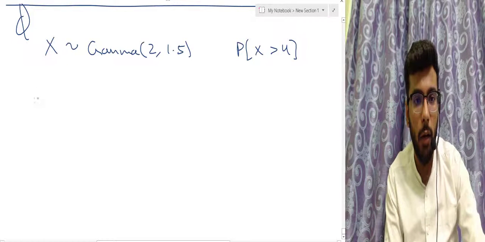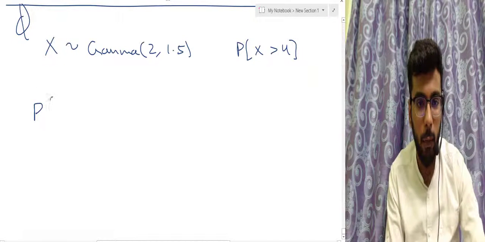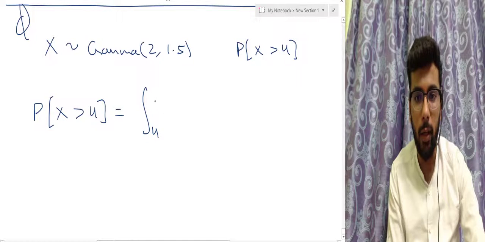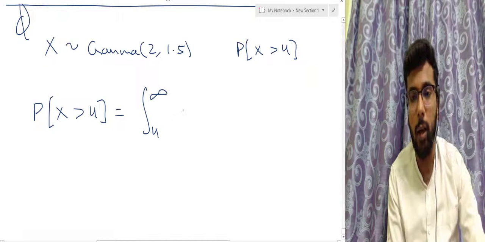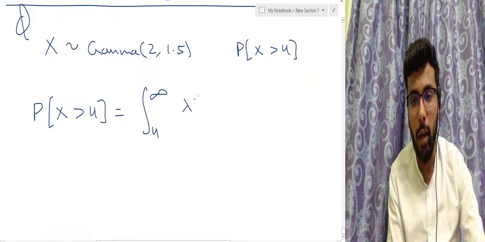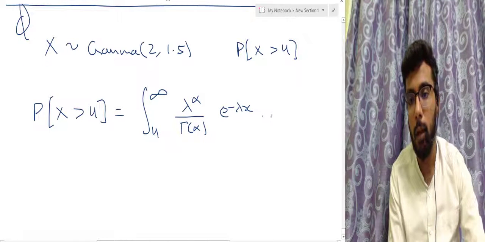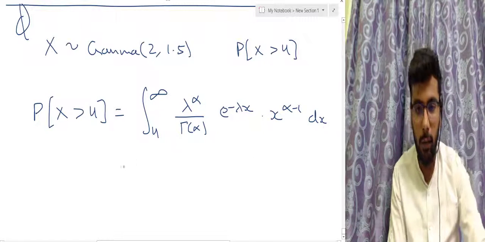Now let's get into the calculation of the probability that x is greater than 4. How do I calculate that? Greater than 4 means integrating from 4 to infinity. What is the PDF? Lambda to the power of alpha upon gamma alpha, e to the power of minus lambda x, into x to the power of alpha minus 1 dx. This is your PDF.